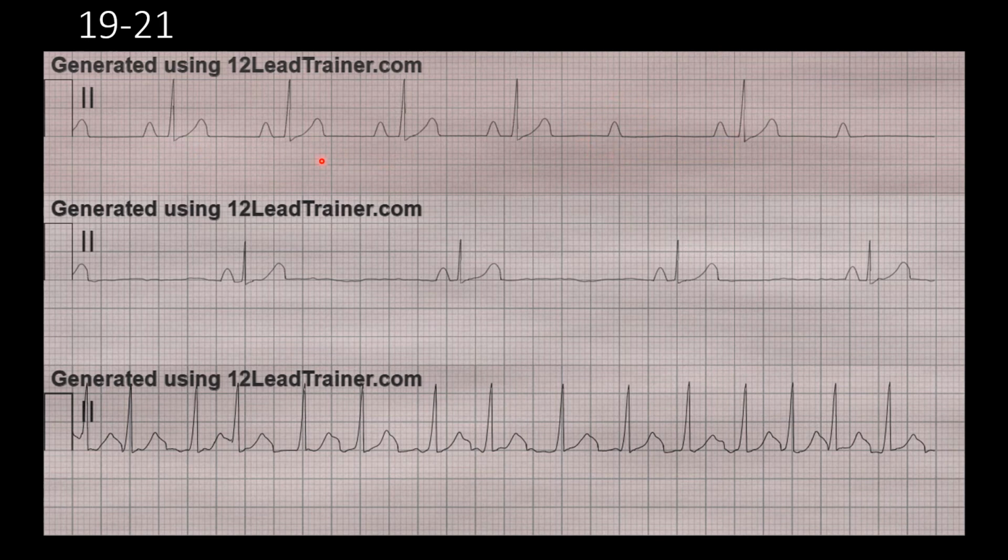All our PRIs here are consistent, but because of that, we could call this a sinus rhythm with a second degree type 2 AV block. And you could say this is a sinus bradycardia just because of the fact that there's only these 5 complexes. However, if this were to generate a QRS right here, that would make the intervals pretty normal, and then it would be 1, 2, 3, 4, 5, 6.